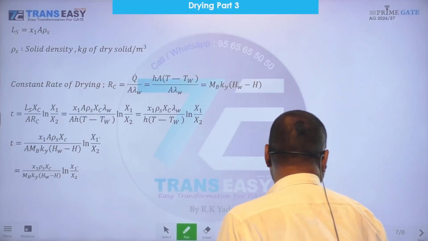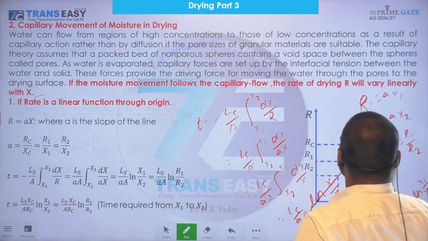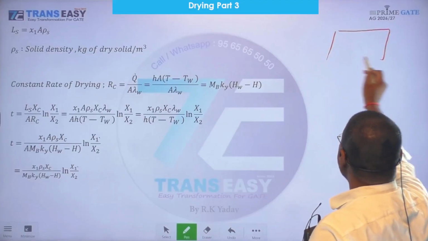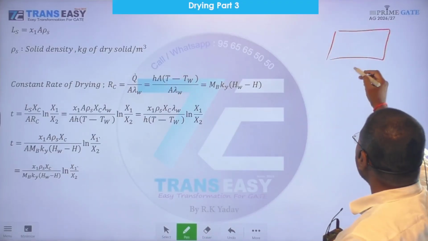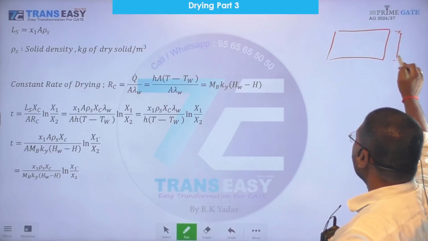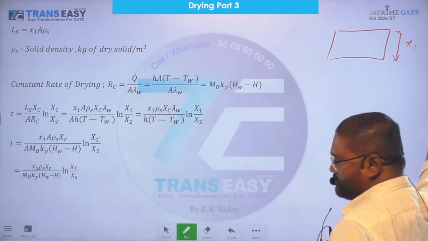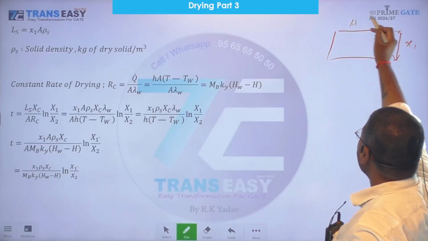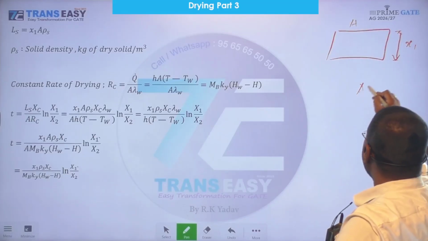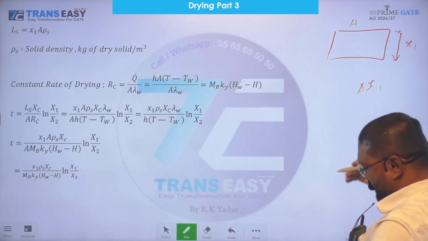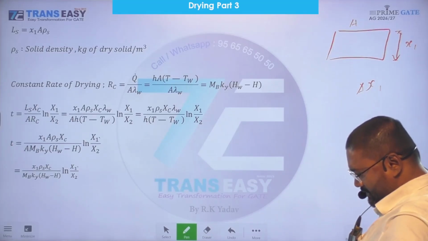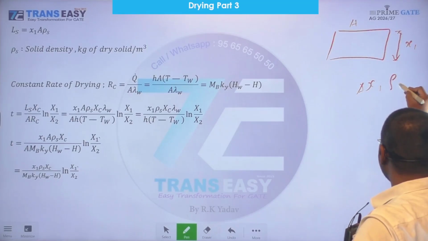Dear students, suppose we have slab like material, right, and X1 is its thickness, and drying area is A, so its volume A X1, and dry density in kg per meter cube is rho s.